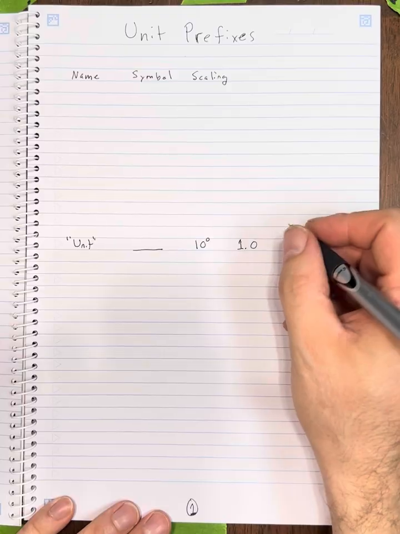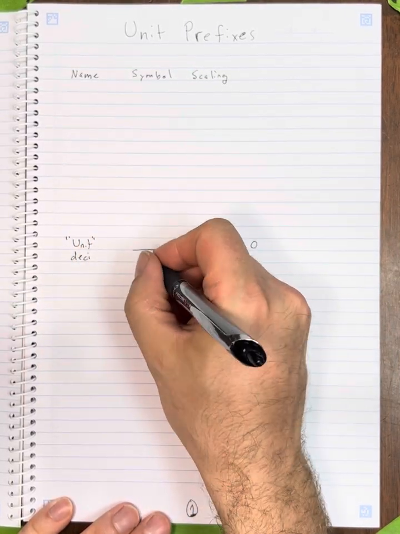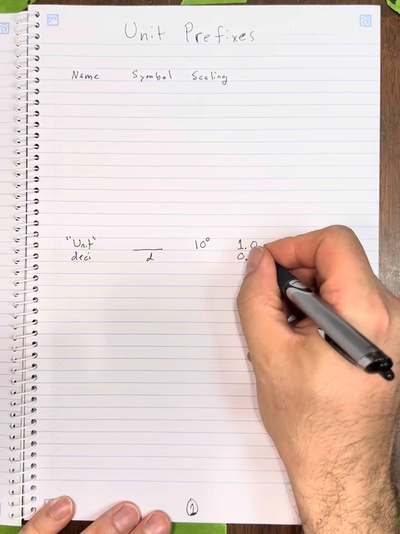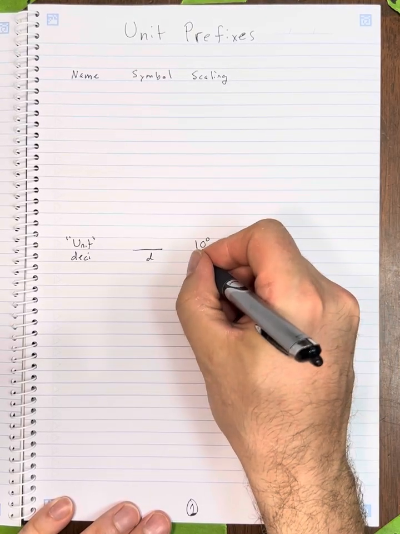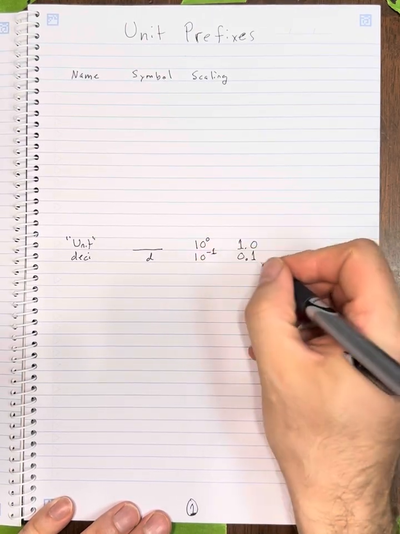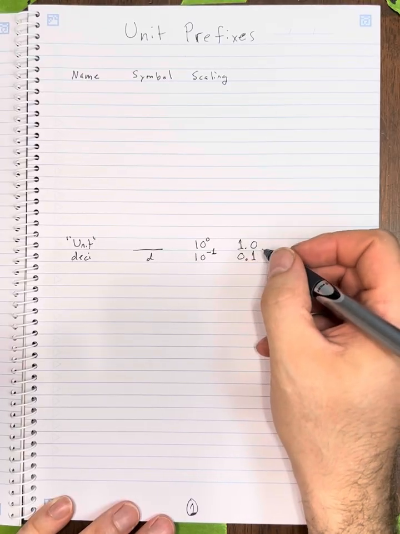Now, if we want to go down, there's deci, which is D. So that is 10 to the negative 1 in exponential form and 0.1 in decimal.